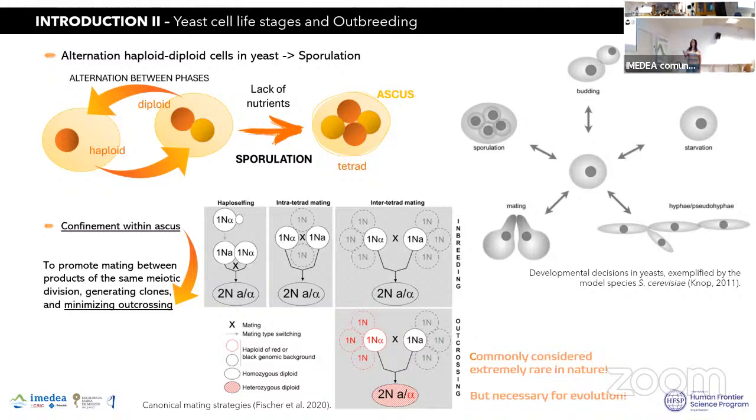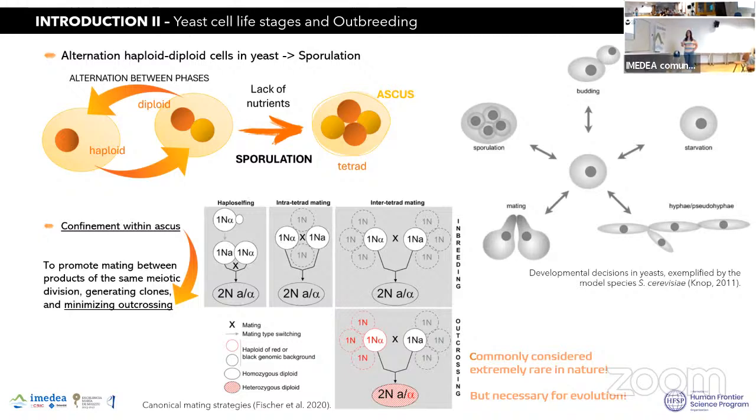When they mate in the same ascus, there are different types of mating: the intratetrad, which is from the same ascus, and the intertetrad, which is from the same strain but a different ascus. So there are three different types of inbreeding.